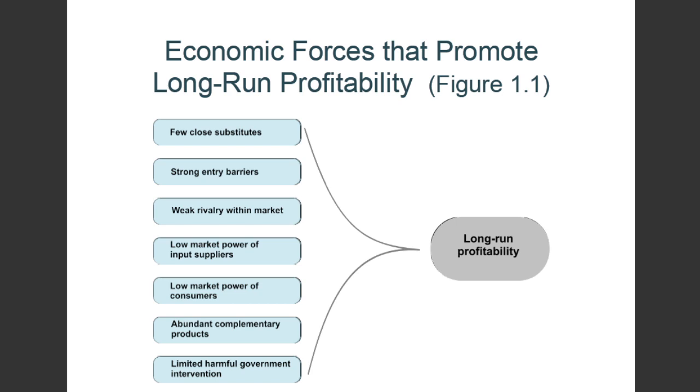If you have many substitutes, then that's perfect competition. But if you have few close substitutes, that can contribute to long run profitability, singling yourself out among competitors. When the industry has strong barriers to entry, this detracts from the case of perfect competition or perfect markets.